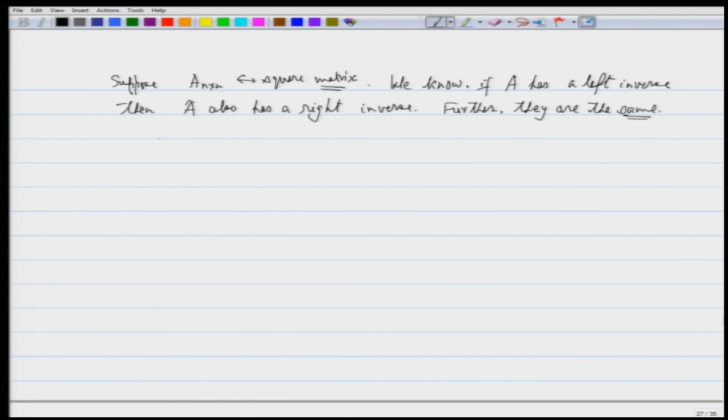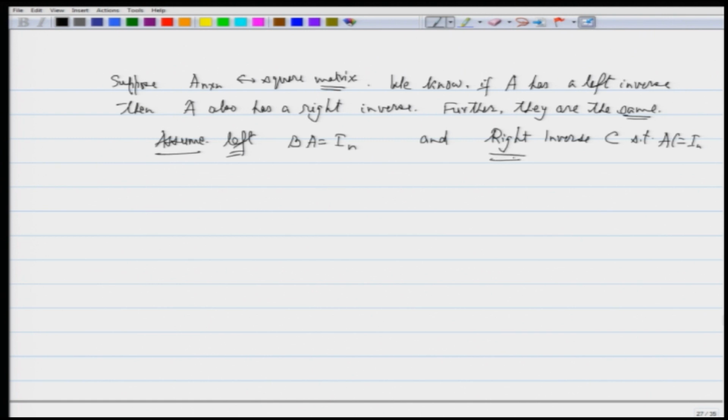So, assume I have a left inverse B so that BA is identity, and I also have a right inverse C such that AC is identity. So, this is the left and that is the right inverse.